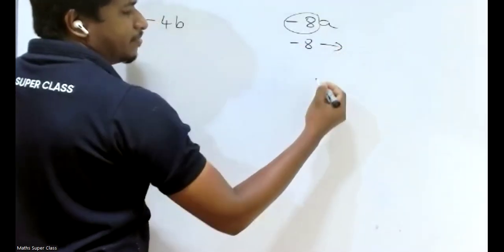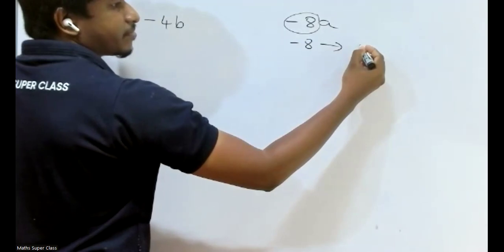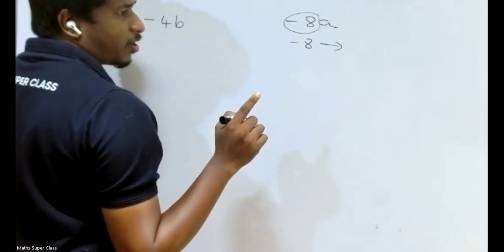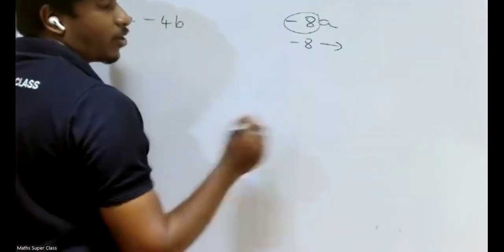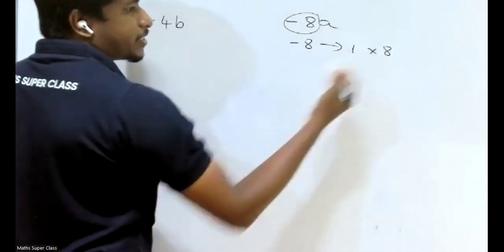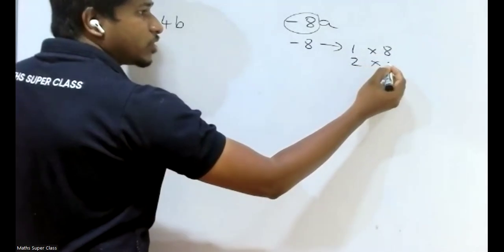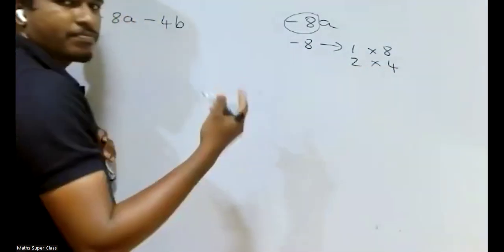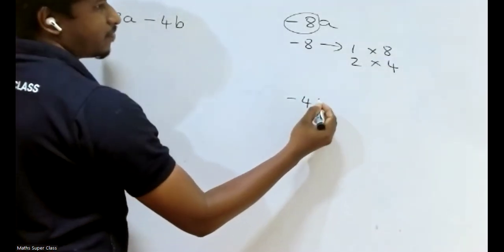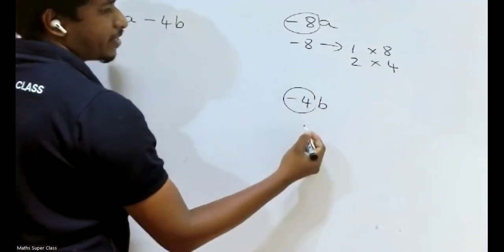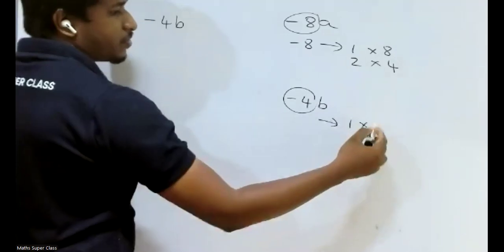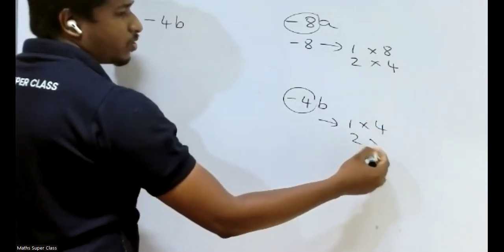Minus sign is also there. 1 into 8, 2 into 4, that's all. Then minus 4b: here we consider minus 4. 1 into 4 and 2 into 2.